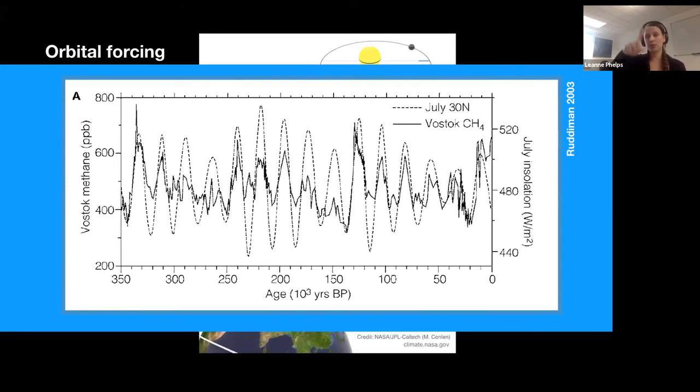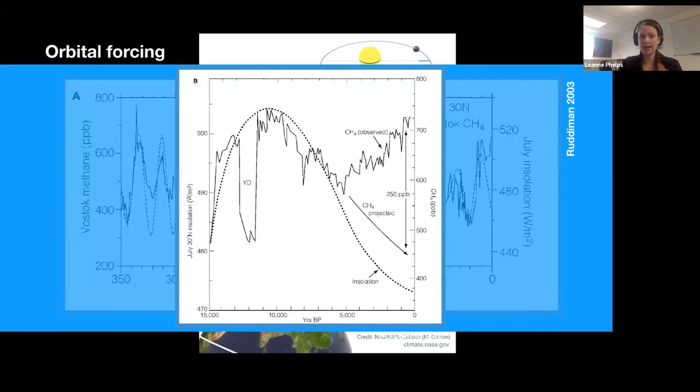You can see that it follows these cycles and deviates a bit, but especially in recent times we have this deviation both in terms of methane and carbon dioxide. Most people know this since the Industrial Revolution, but we also have these much earlier increases in methane and carbon dioxide that occurred over the past several thousand years.